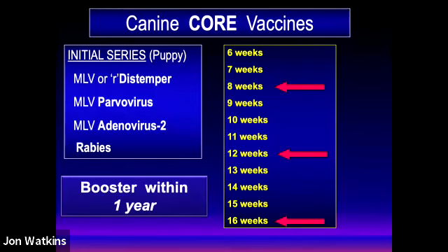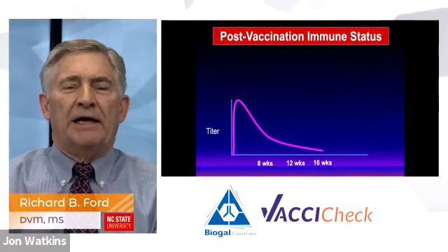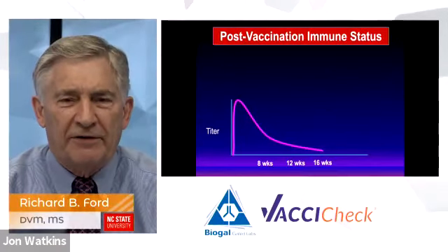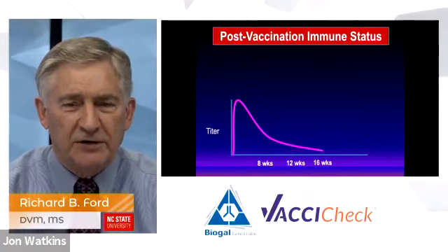Now, the slide that's in front of you now is representative of the recommendations for the initial puppy young dog vaccination series, with 3 initial doses conventionally recommended today out to as late as 16 weeks and a booster 1 year later. Now, let's put this in a more graphic form, and I want to highlight that purple curve that you see on the graph.